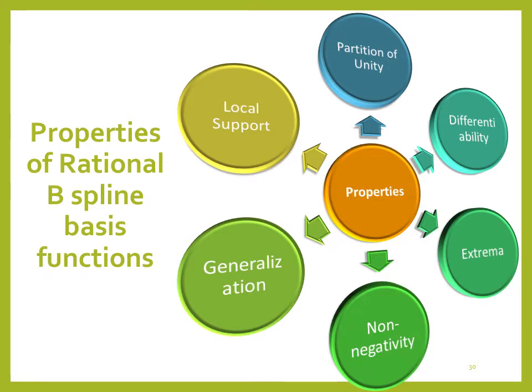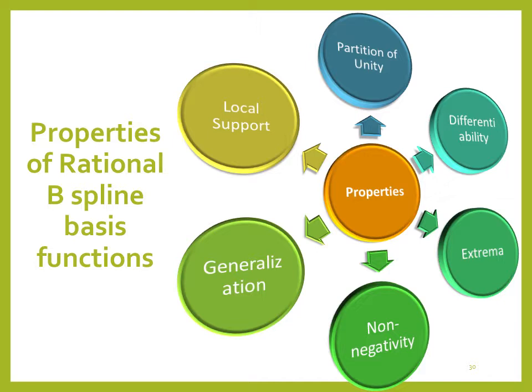So coming on to the properties of the NURBS surface. These are mostly similar to the properties of the NURBS curves, which is non-negativity. That is, R_ij(u,v) is always greater than or equal to 0 for all the values of i, j, u and v. Partition of unity, local support, which means R_ij(u,v) is equal to 0 if (u,v) is outside the rectangle given by the following tensor product.